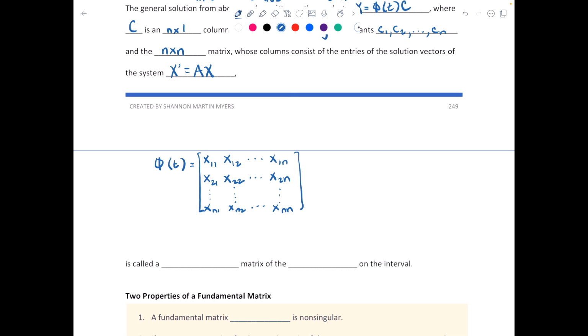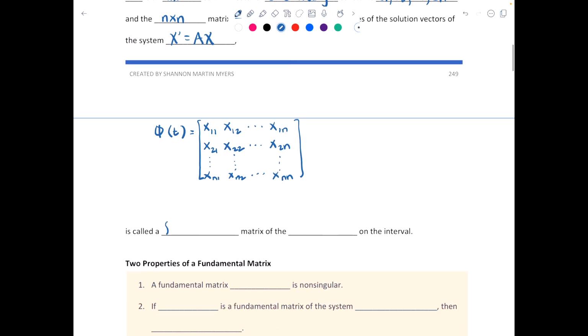Groovy? And this is called a fundamental matrix of the system on the interval.